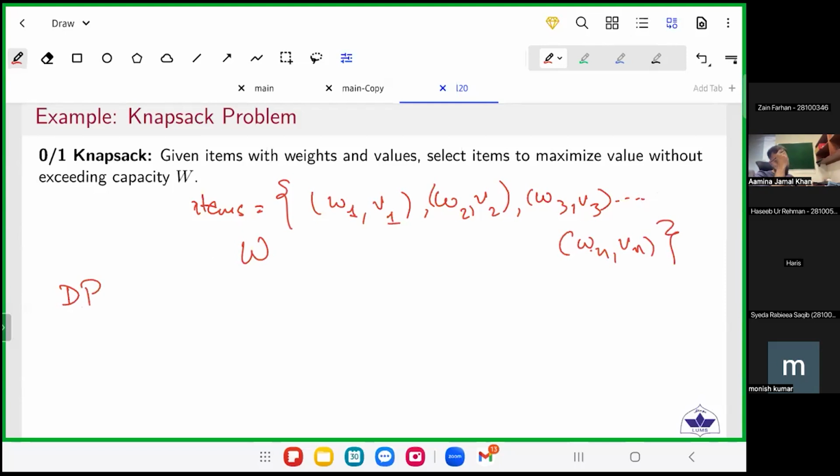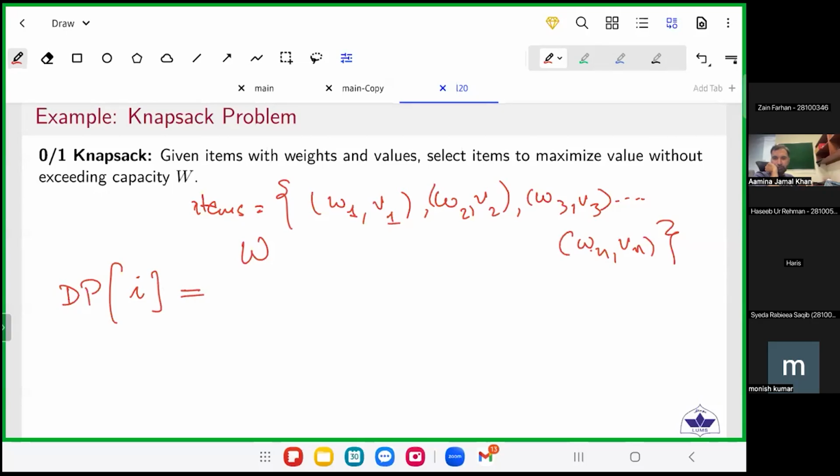Okay, so what do we want to do? So here's the bad try. The bad try is that I'm storing inside DP of I the solution if I only had the first I items.